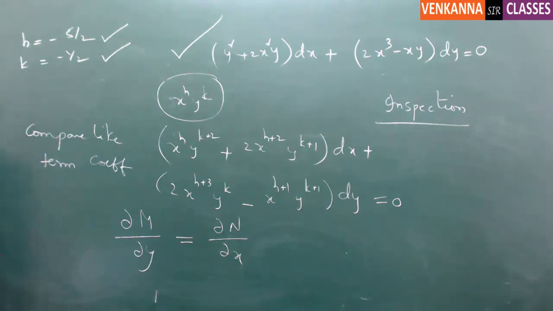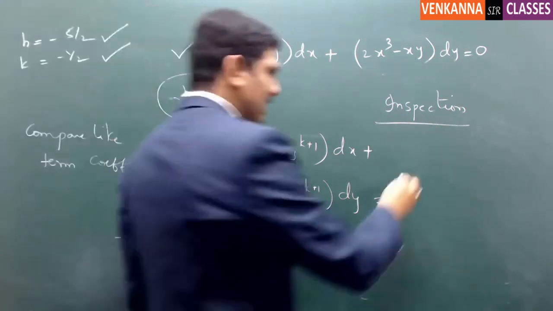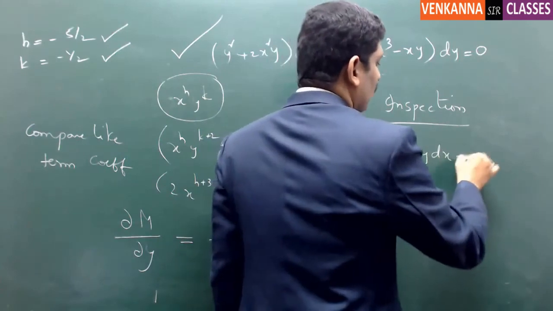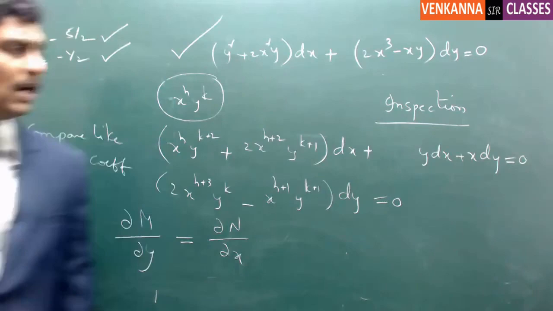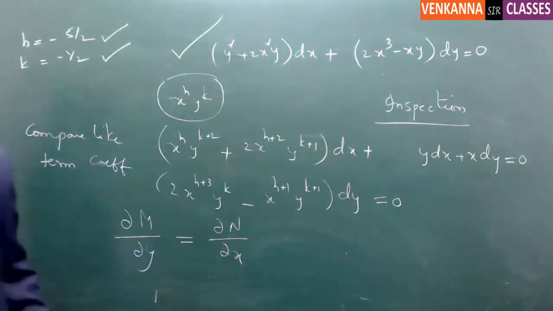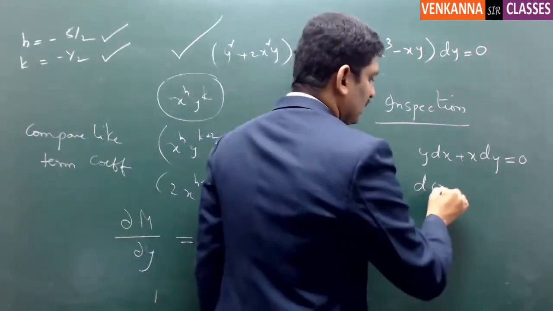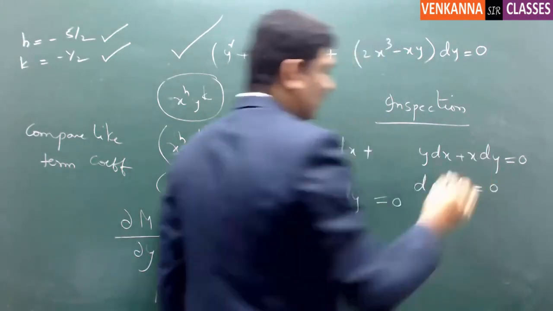In a simple manner, on observing the terms in the given equation, we ask whether we are able to represent the terms as the derivative of something. Let me say, if I have the equation y dx plus x dy equal to 0. Now, am I able to write this equation as the derivative of xy equal to 0?